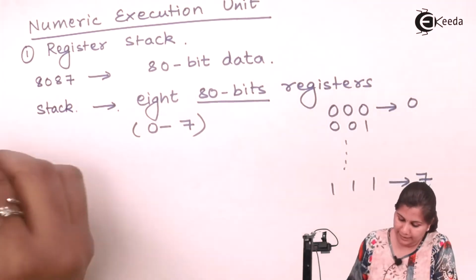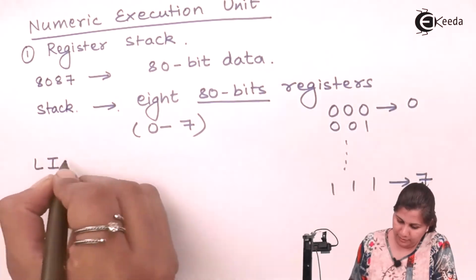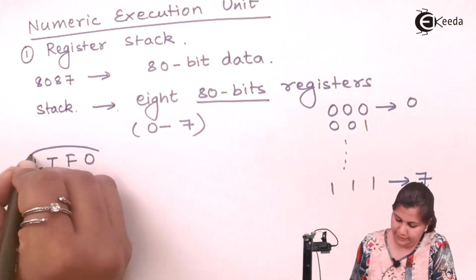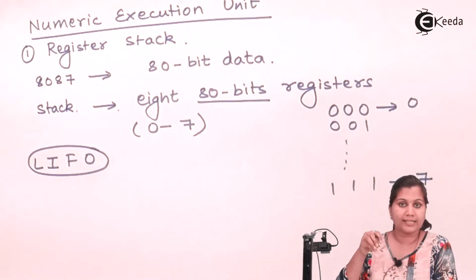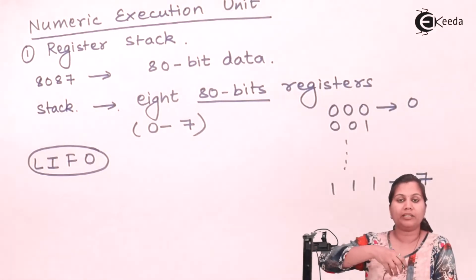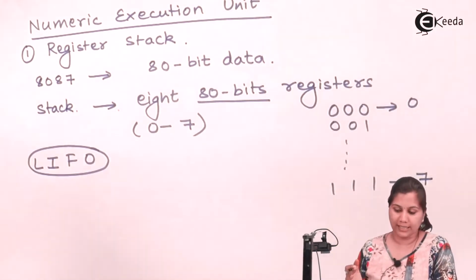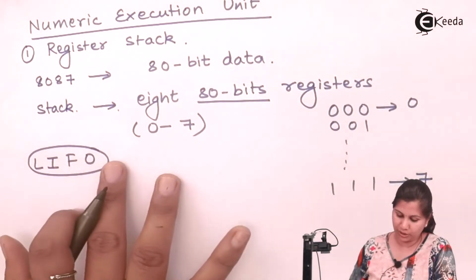Now in this stack, they use the last in first out, that is LIFO format. That is, the content which is last input or stored into the stack will be the first to come out of the stack.